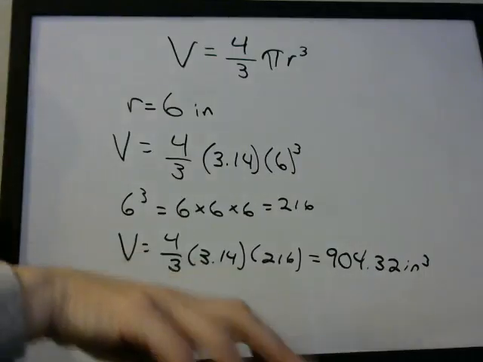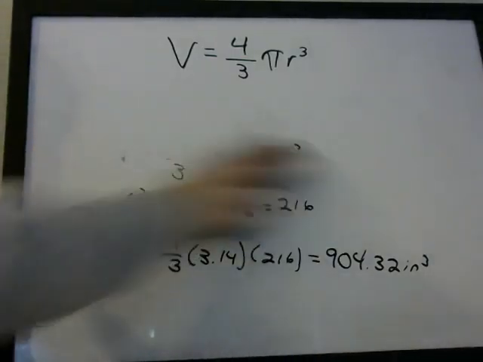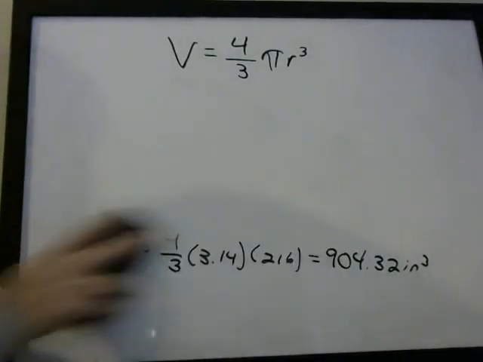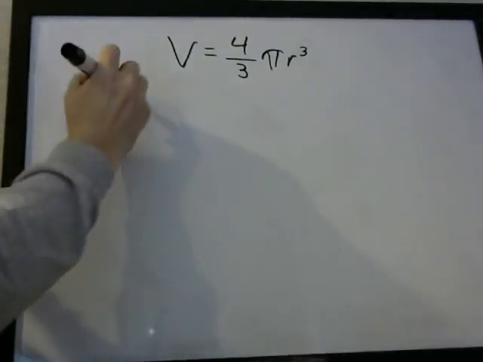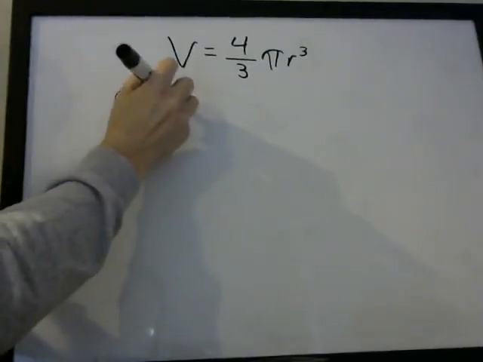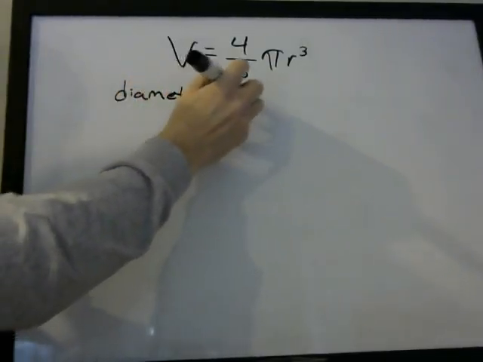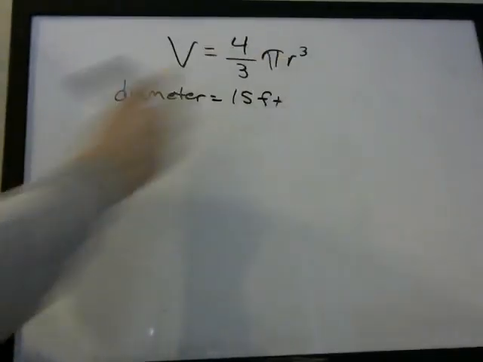Let's do one that's a little bit more computationally rigorous. Let's say they give us a sphere, and they say the diameter equals 15 feet.